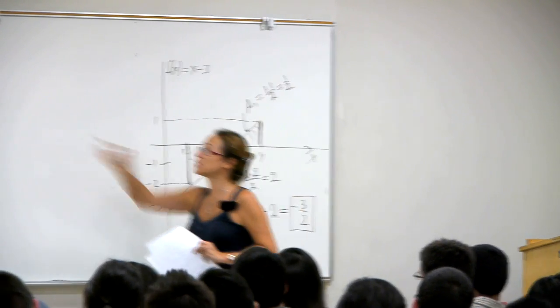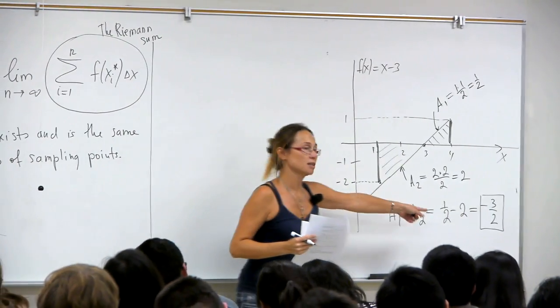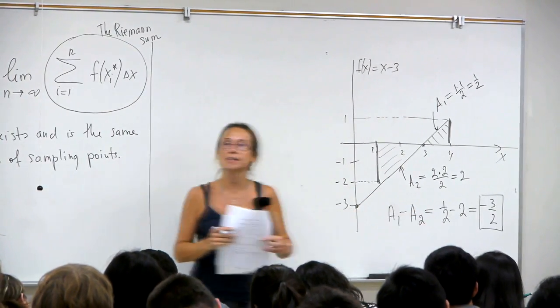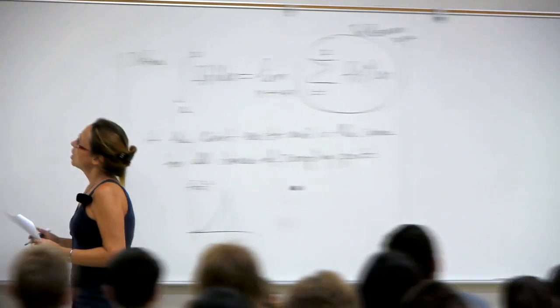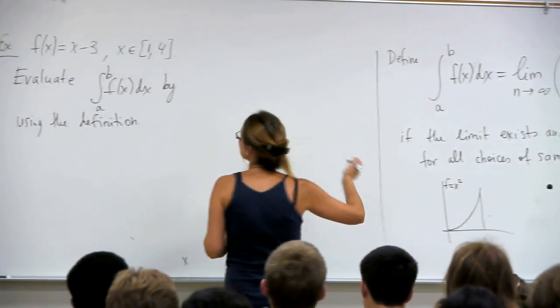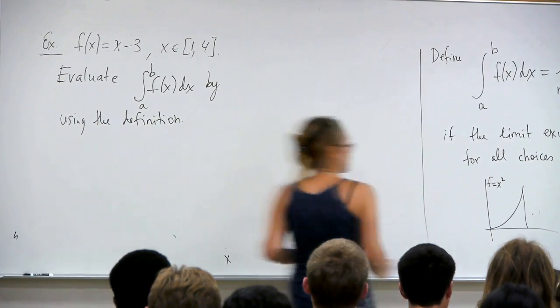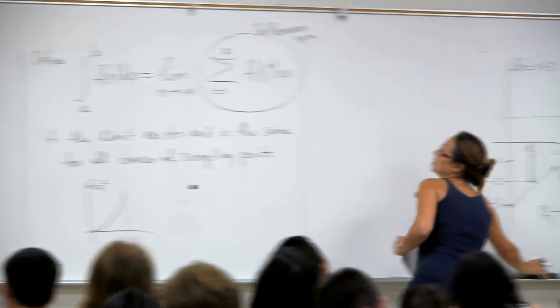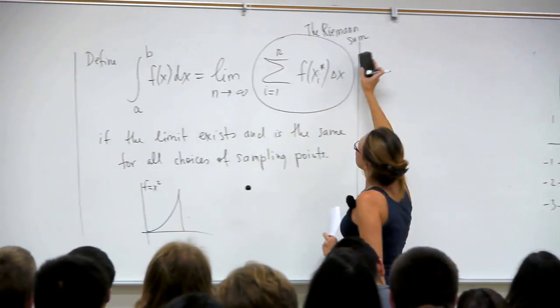So whatever magic we're doing here, we're expecting to get this answer. Okay? So let's keep that in mind. And perform the calculations. We're going to use this definition. Okay?